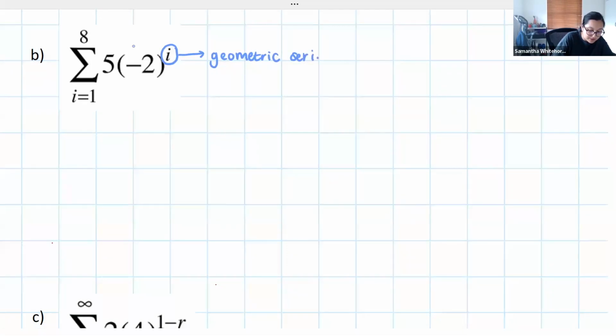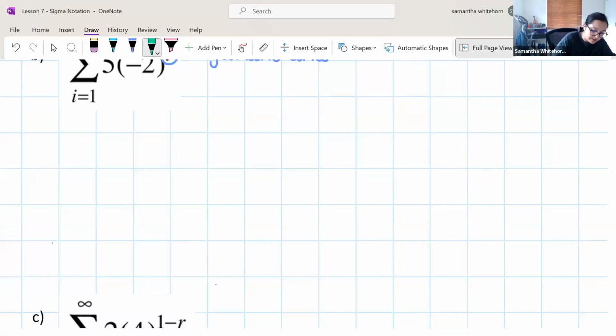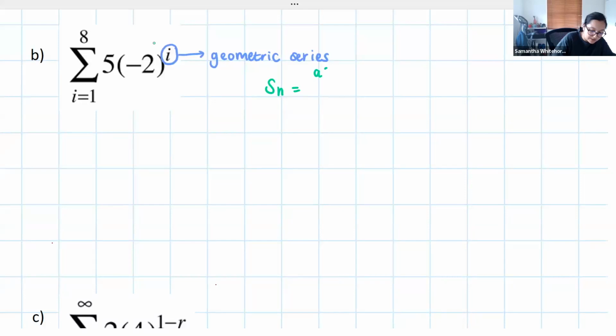Because this is a geometric series, I automatically know what my sum formula is. And again, guys, this is on your formula sheet. S of n is equal to a times r to the power n minus 1 over r minus 1. And that's all coming from just looking at what the nth term is.